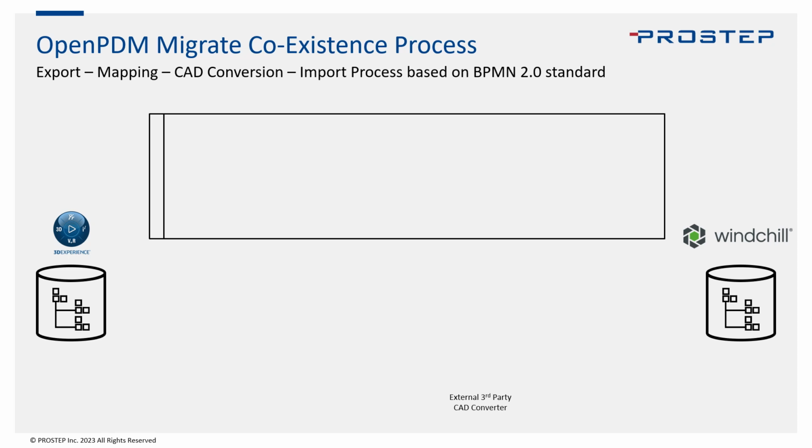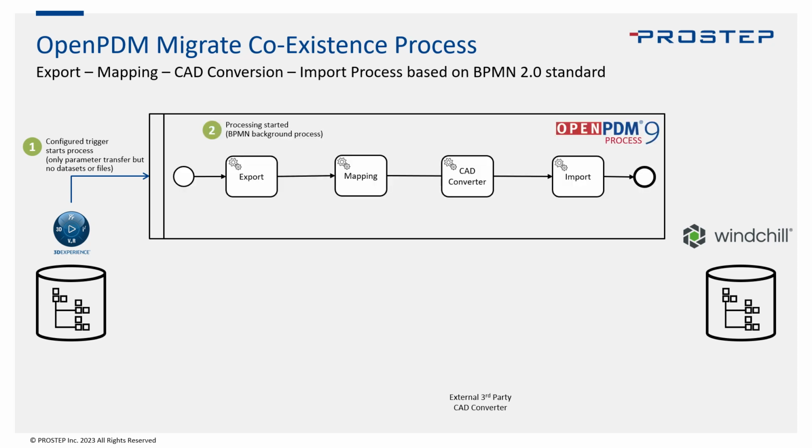So we use our OpenPDM migration cockpit and OpenPDM process server based on Camunda in order to do those types of processes. So in this case, you would put in an event trigger within the source system that then would prod OpenPDM with a REST interface call that says this is going to be released as part of maybe a change process.